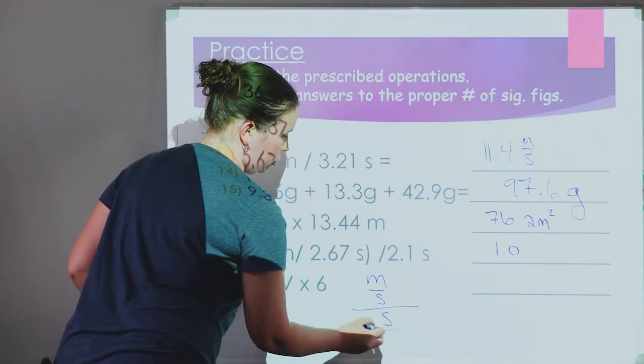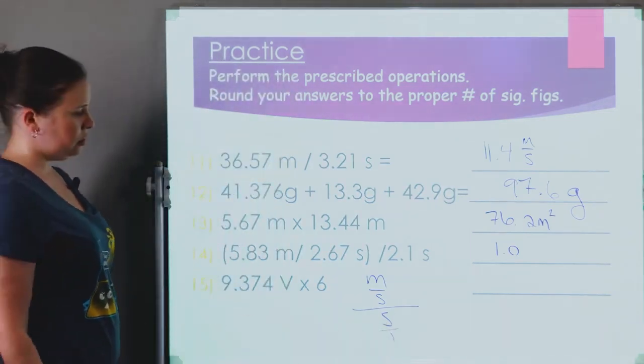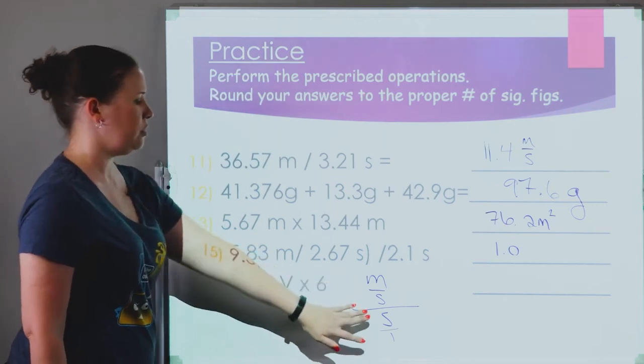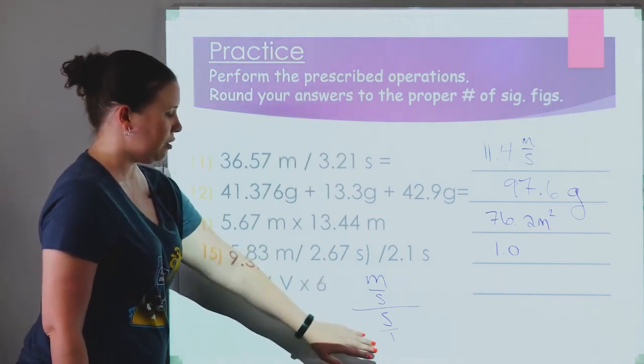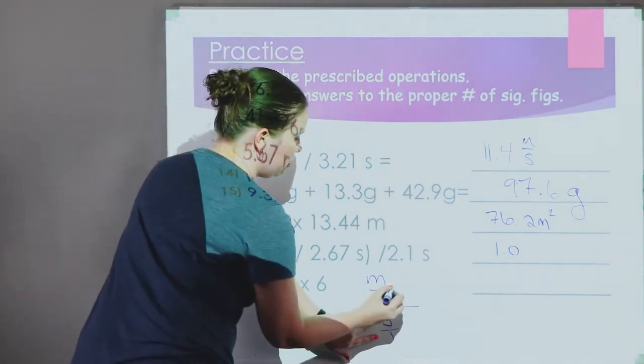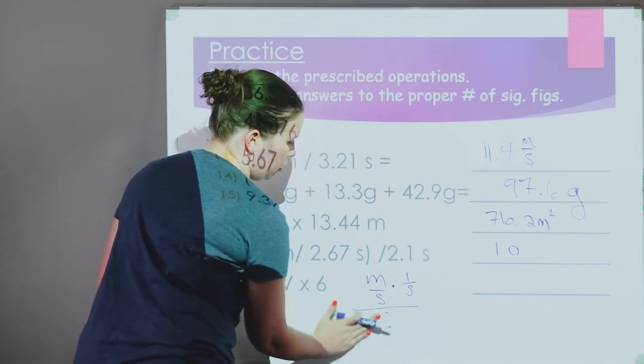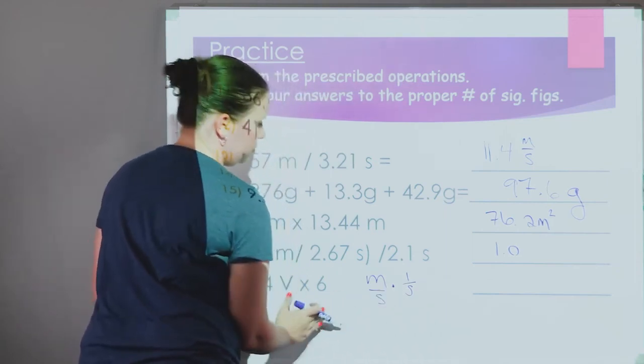So we can put seconds over 1, because dividing anything by 1 doesn't change it, right? So this is meters per second over seconds over 1. Now to get the fraction out of the fraction, I'm going to flip my denominator. So it's like multiplying by 1 over second. And that's going to get rid of fraction in fraction.